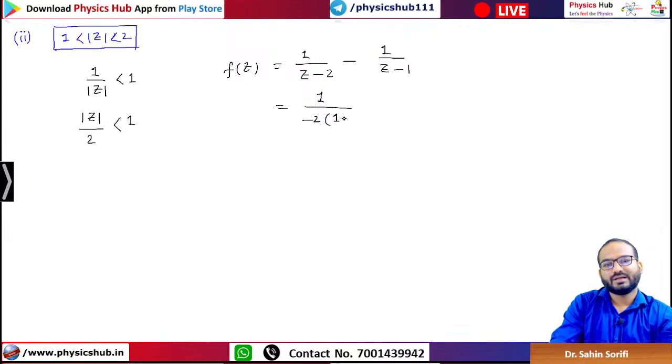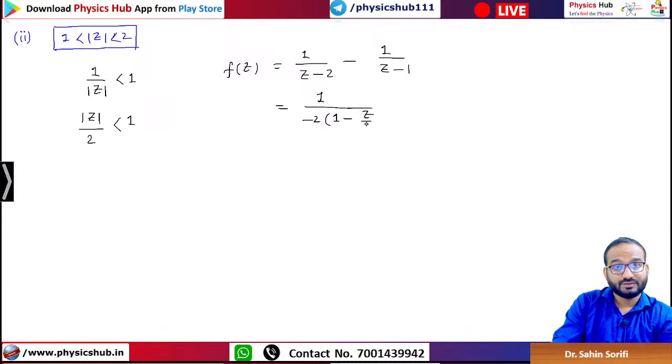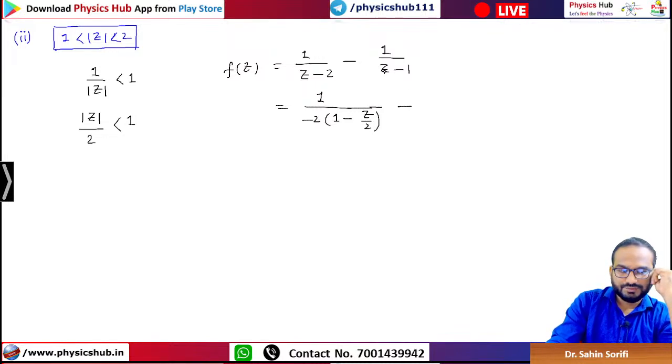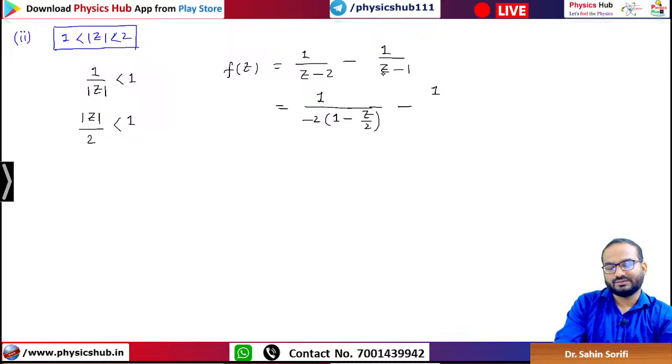So you get 1 minus z by 2, minus, if you take z common, because you see z is not less than 1, so you cannot keep z. So if you take z common, 1 minus 1 by z.